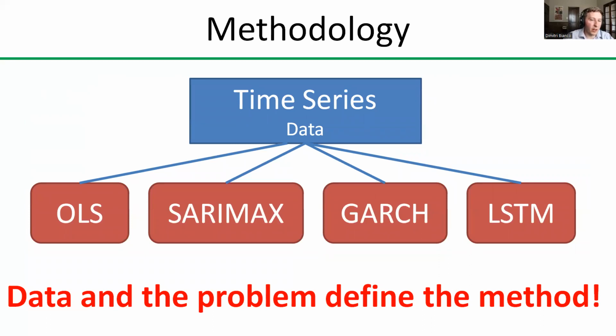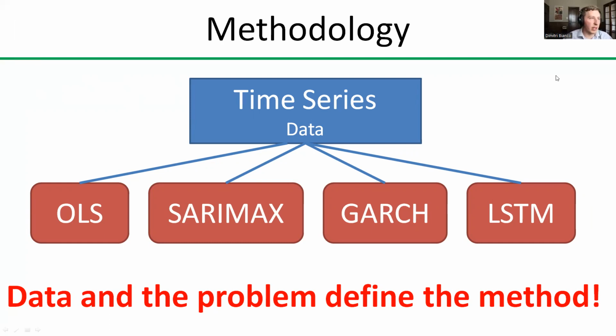And then for methodology here, I'll emphasize this because I get this as a common question in the industry. The data itself is going to predict the problem here. So the data is going to tell you what type of model to use. You don't tell it what model to use.